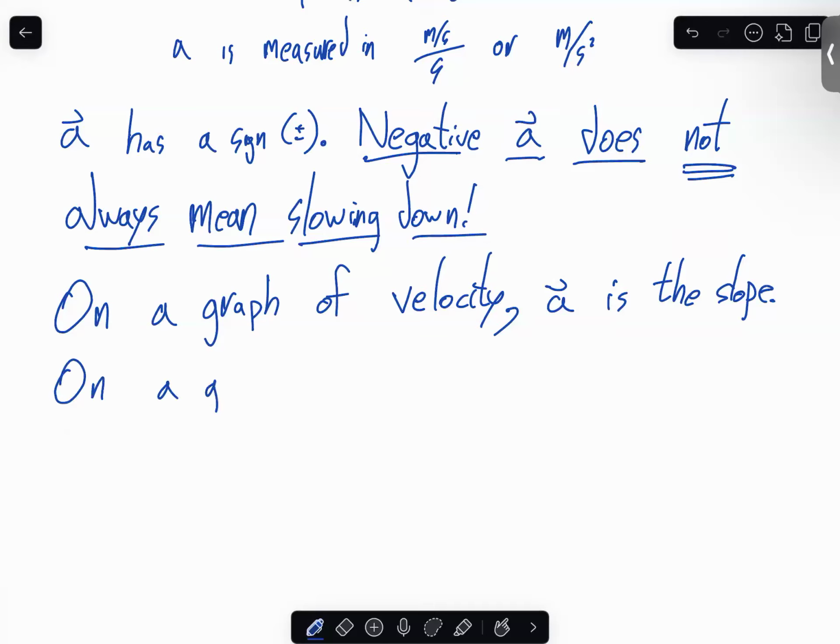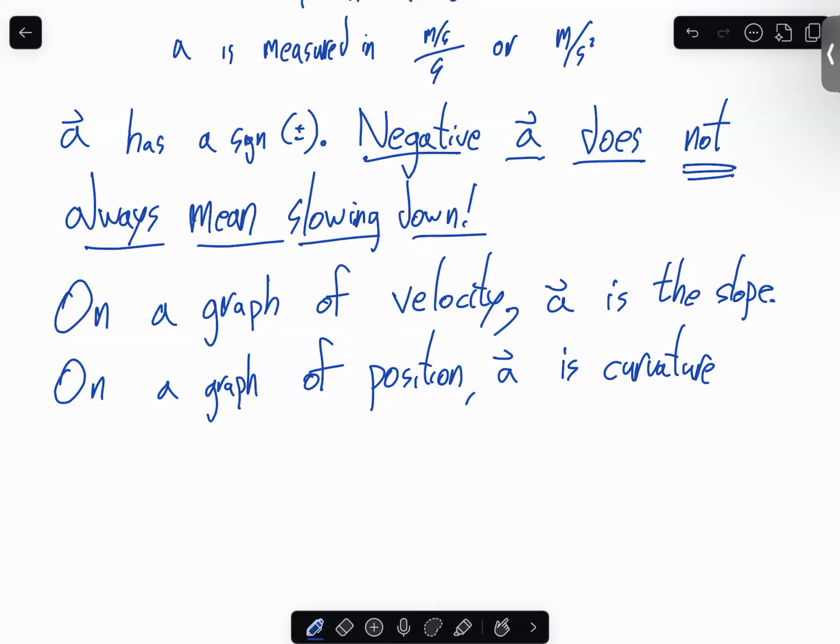On a graph of position, we see acceleration is curvature. If you have a curved position graph, you are always undergoing some acceleration. If you have a straight, linear line on position, which could be diagonal or horizontal, something which is not curved, there is no acceleration.